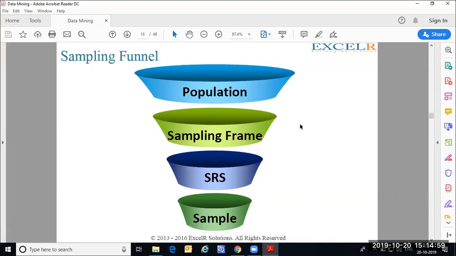Now, let us look at the sampling technique. Generally, whenever elections are about to go on, or even after the elections have been conducted but before the results are out, a lot of exit poll firms publish the results of what they think based on the research that they have done.